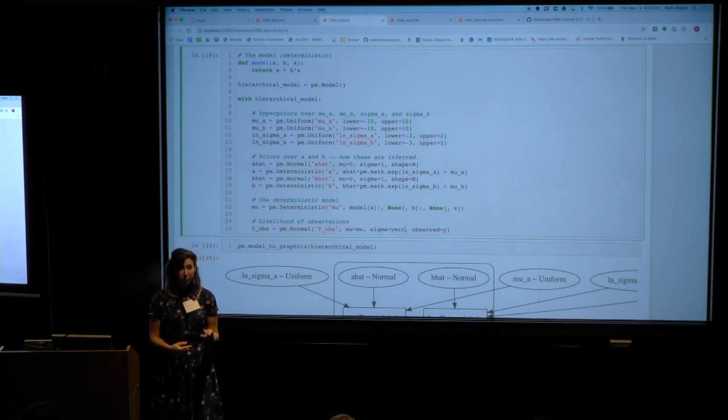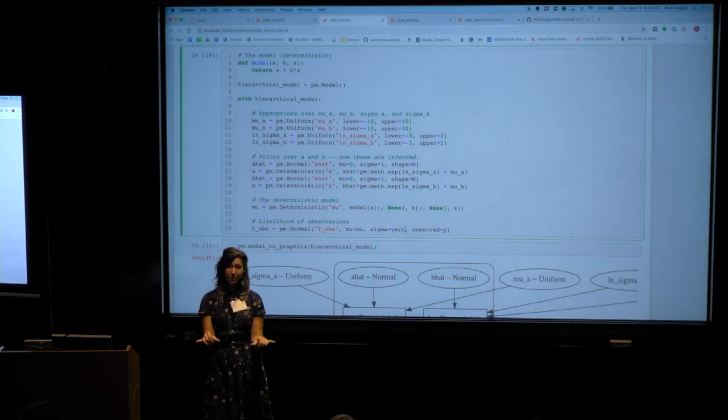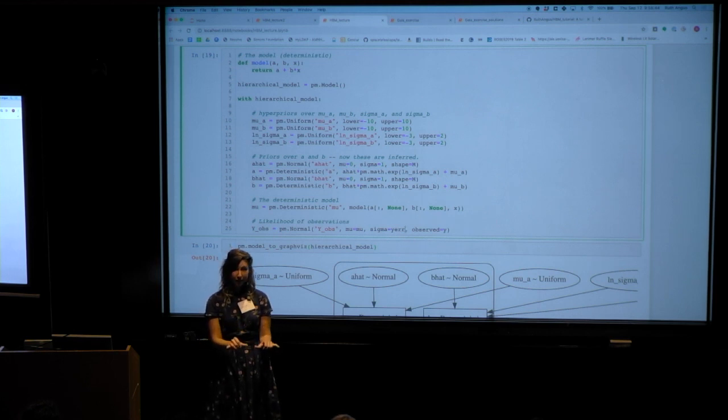Plus I have 4 parameters that constrain the priors over those lines. Those 4 are my population parameters, and my per-object parameters are the A's and B's. Wait, I have 25 lines, so I have 54 free parameters.